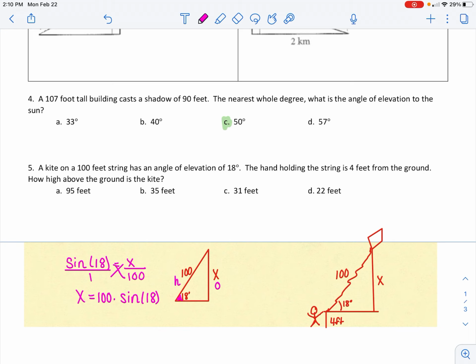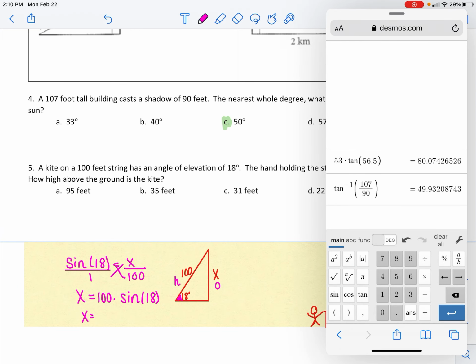Okay, the only thing that we have left to do here is go ahead and put that into our calculator. So we're going to take 100 times the sine of 18 in that parenthesis. So we get 30.901.